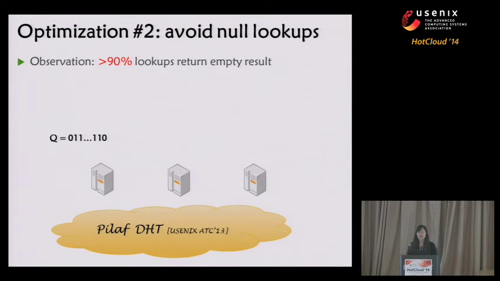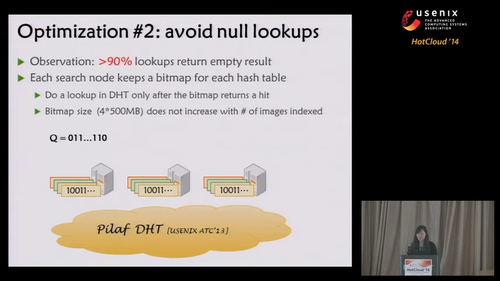Okay. Then the second optimization we make is to avoid empty lookups. We find that more than 90% of lookups in the DHT return empty results. Therefore, we build a bitmap for each hash table and replicate them to each search node, and only do a lookup in the DHT after the bitmap returns a hit.